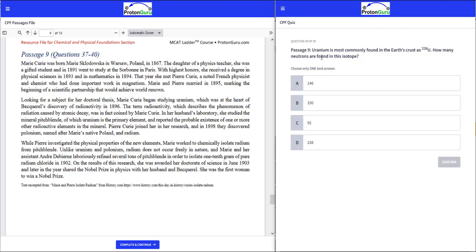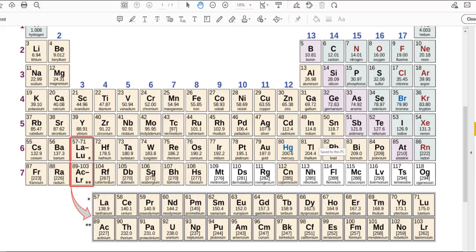Next question asks about uranium most commonly found in the Earth's crust as uranium-238. That's how many neutrons are in this isotope. So we're talking here about uranium-238. 238 represents the mass. So that's the protons plus neutrons equals 238.